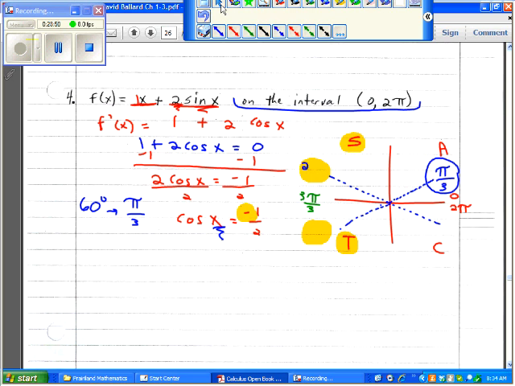The top one would be 1/3 less, which would be 2 pi over 3. And this one on the bottom would be 1/3 more, which would be 4 pi over 3. Good. Okay, so my critical numbers are going to be at x equals 2 pi over 3, and x is equal to 4 pi over 3. Very good. There's my critical numbers.